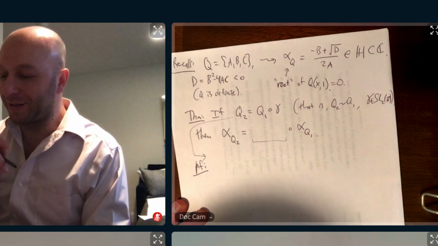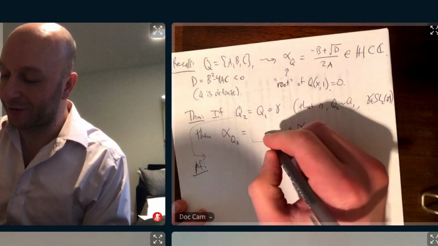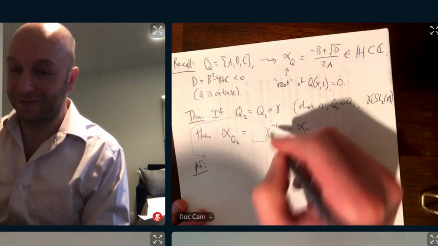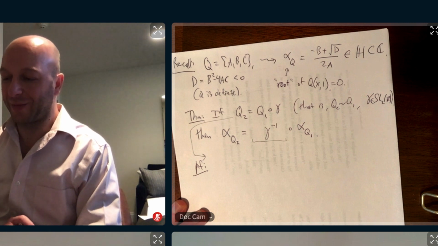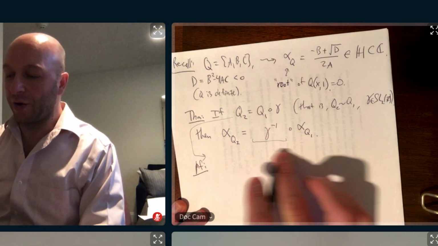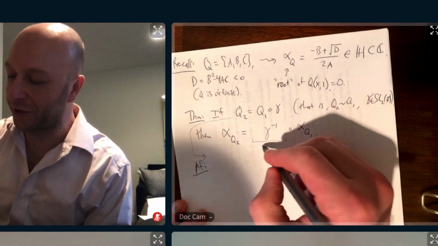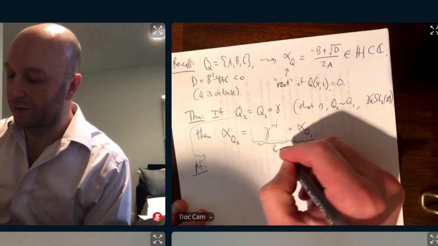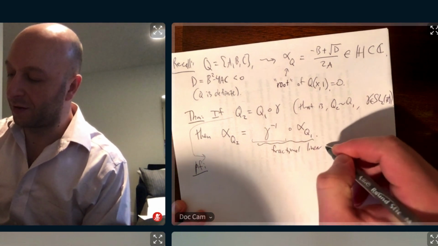Well, let me tell you what it's going to be. It's not that hard to figure out. I think it's going to be gamma inverse. Okay, so this is my claim. I claim that gamma inverse, now remember what this means, this means the fractional linear transformation.